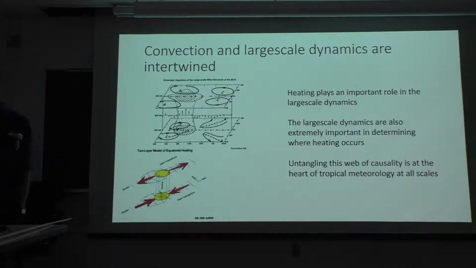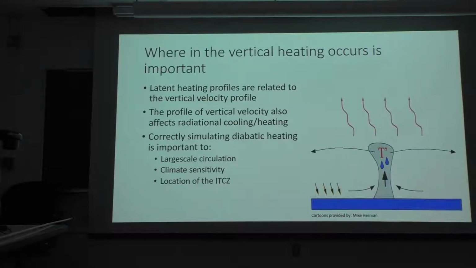And the heating itself is extremely important to what is happening in the tropics and setting up what the large-scale dynamics do. And in particular, the height at which the heating happens is extremely important. The vertical motion profiles help in part determine what the latent heating profiles are. Latent heating profiles are directly related to vertical motion by the vertical gradient of dry static energy.